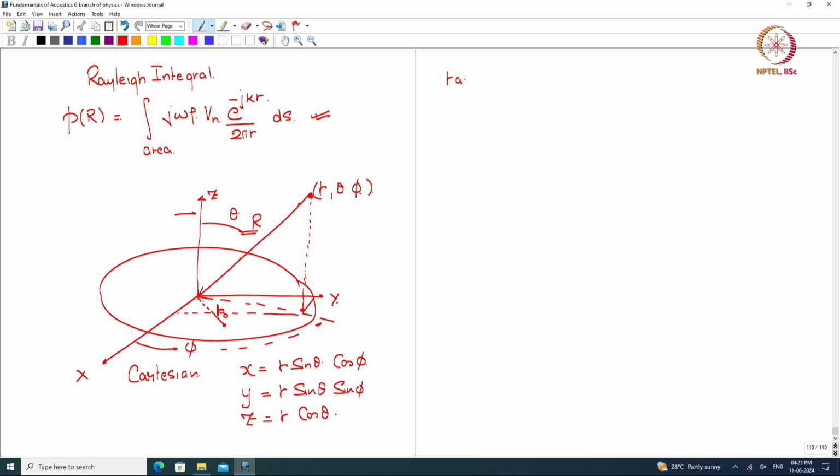Radiator point, the x0 value is r0 cos phi 0. So this is phi 0. Then y0 is r0 sin phi 0 and z0 is equal to 0.